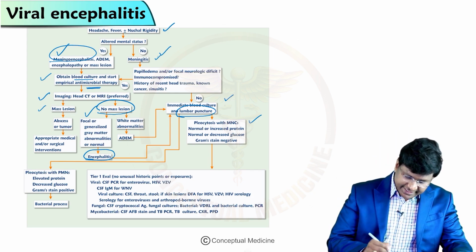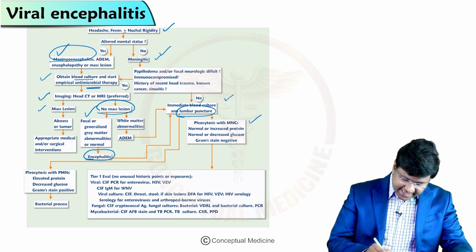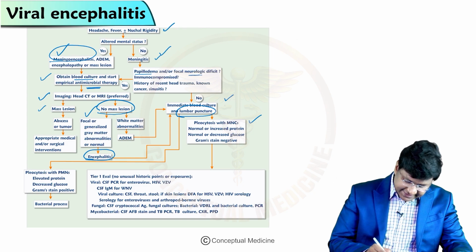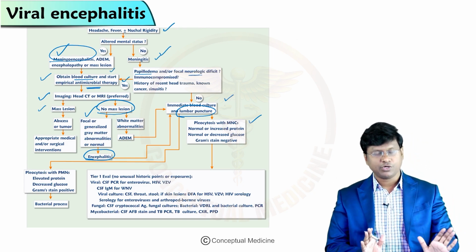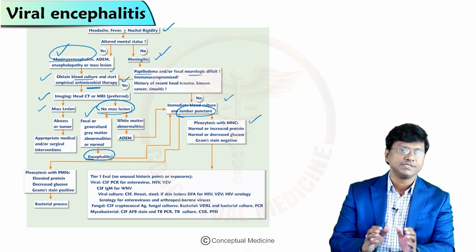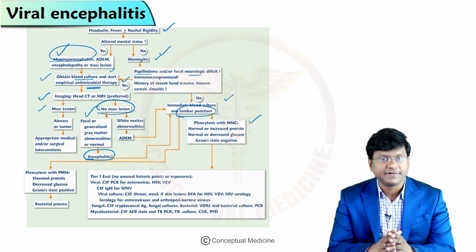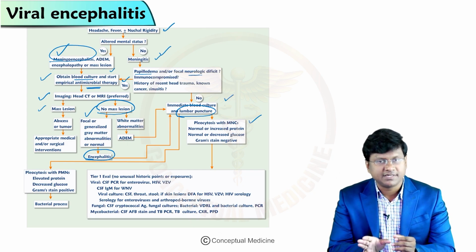Whereas on the side of meningitis, if the individual is having papilledema and focal neurological deficit, then it becomes meningoencephalitis itself. So what you have to learn from this is, patients with meningoencephalitis will have altered mental status. If there is no altered mental status but the individual is having focal neurological deficit, then also you need to consider meningoencephalitis.